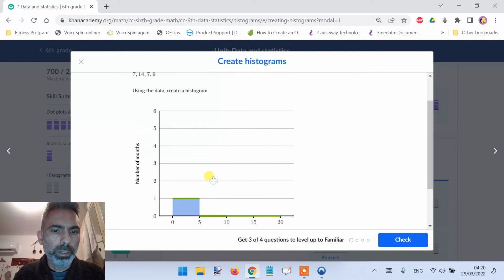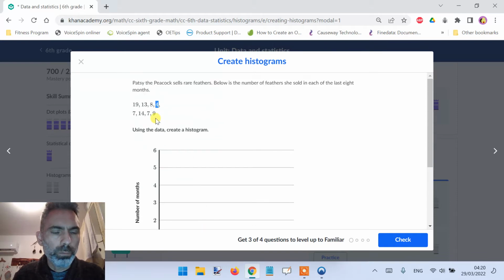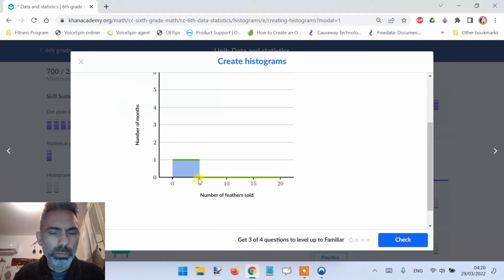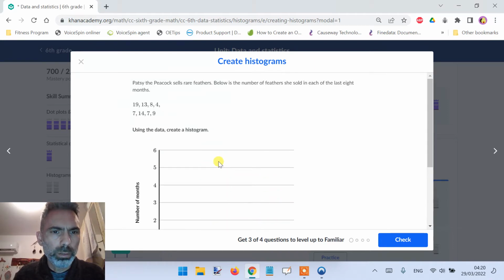Between 5 and 8, we have this month here, and this month, and this month. 8, 7, and 7 are between 5 and 10.